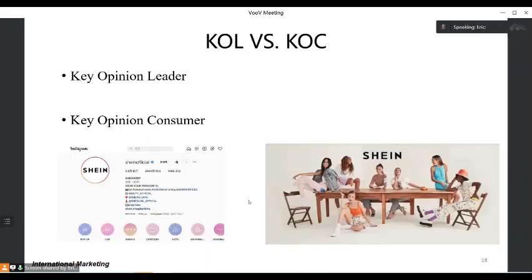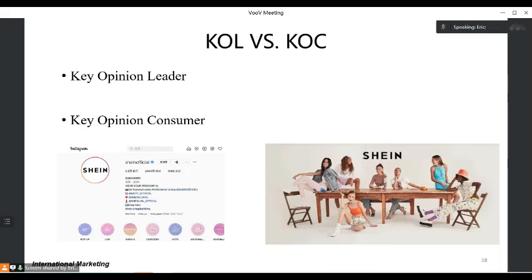We continue with the issue about the opinion leader. Key opinion leader. I will give another term: key opinion consumer, especially in the online market. Most of us use social media to discuss and to connect with each other.